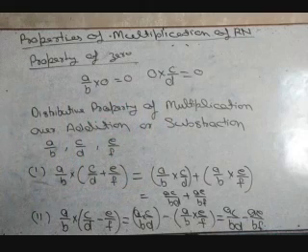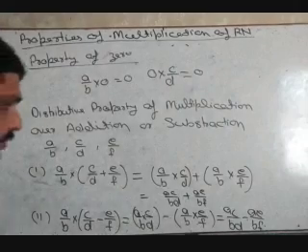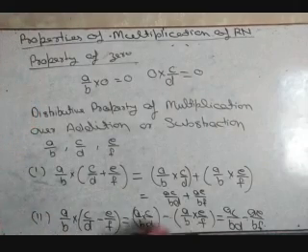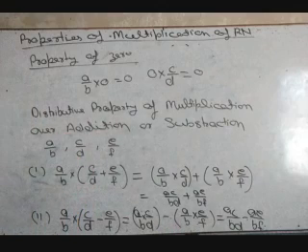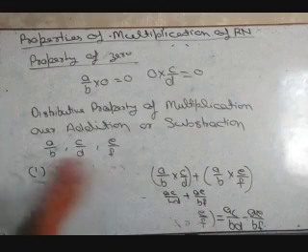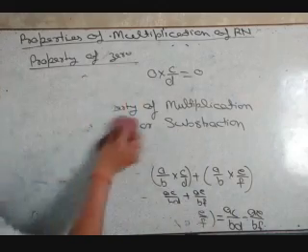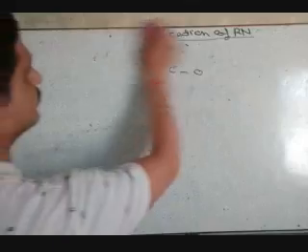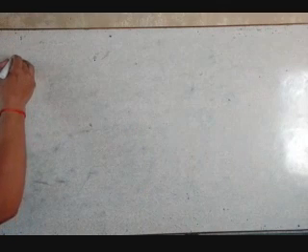Let us move with some examples. Now we will see the example of this distributive property of multiplication over addition or subtraction. We have got one example.